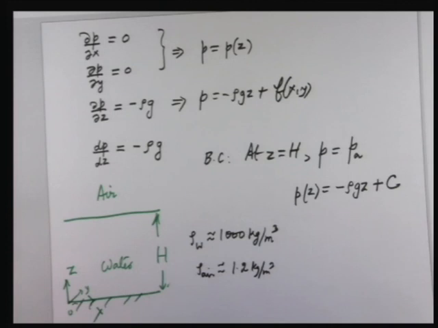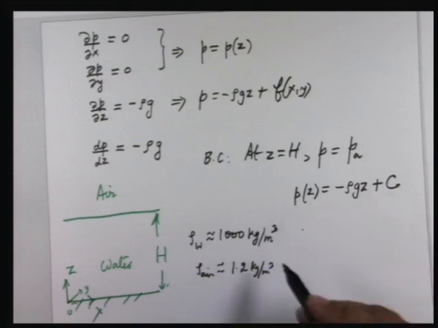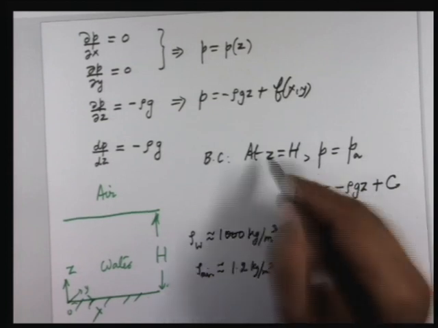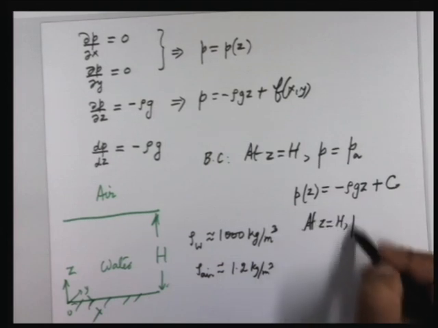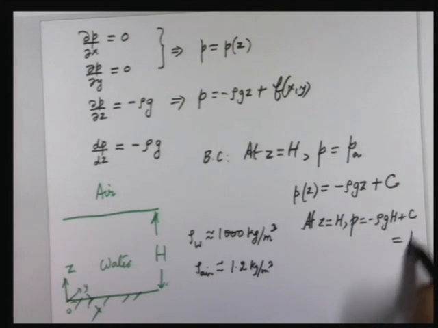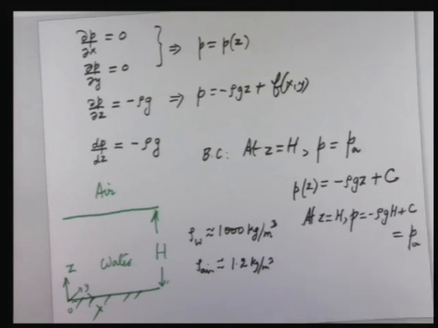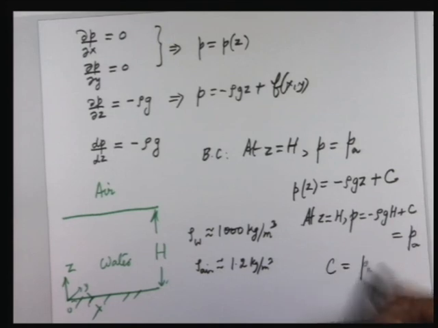Okay. Now you want to find this constant c, so use this boundary condition. So if I find this function P of z, which at z equal to h, you see that at z equal to h, P will be minus rho gh plus c. You set this equal to the given condition, atmospheric pressure. So that means that c will be Pa plus rho gh.